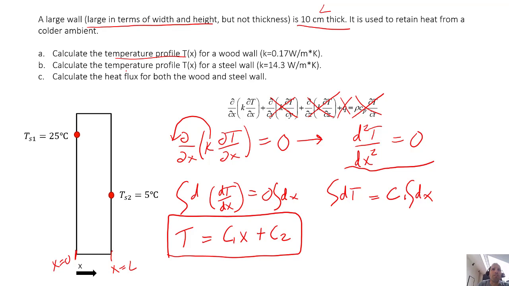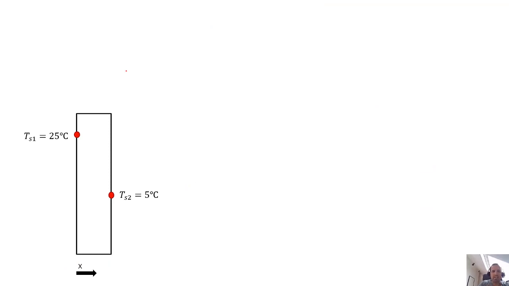However, let's go through and apply boundary conditions first. So we get that our temperature as a function of x is equal to C1 times x plus C2. So how do we apply those boundary conditions? Our first boundary condition states that at x equals 0, we get T equals TS1.